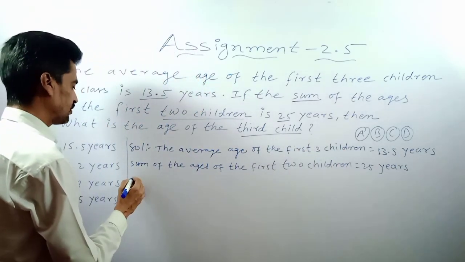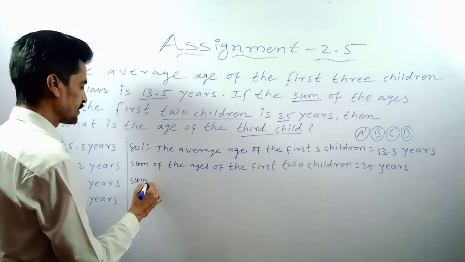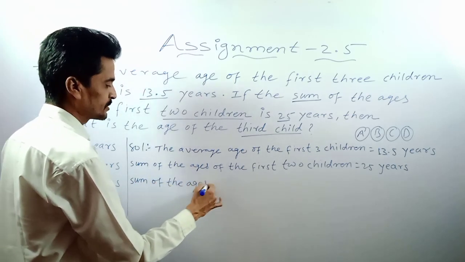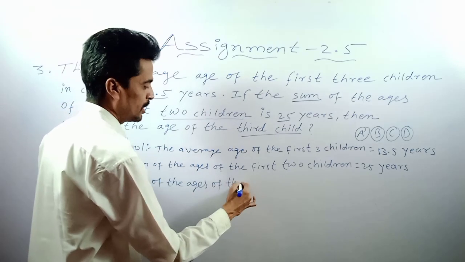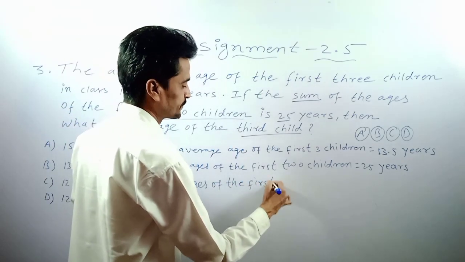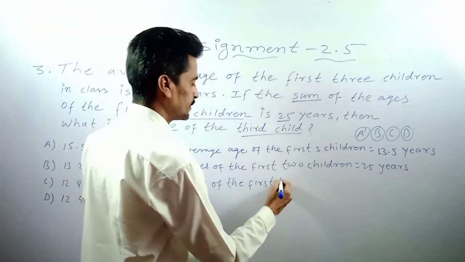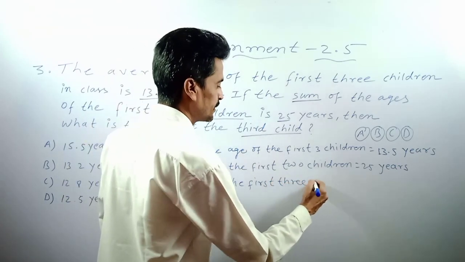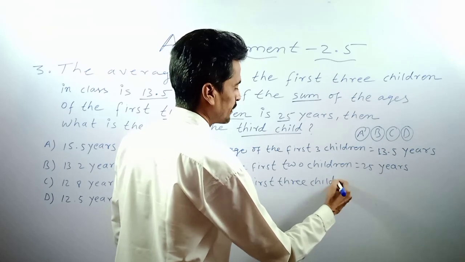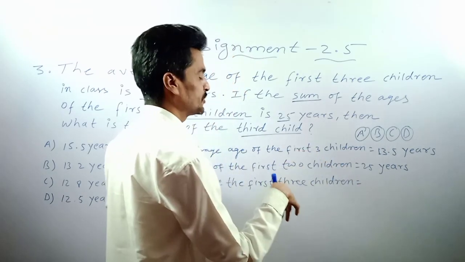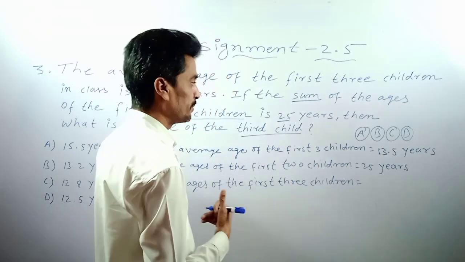So we will find out like this: the sum of the ages of the first 3 children equals average into number of children.